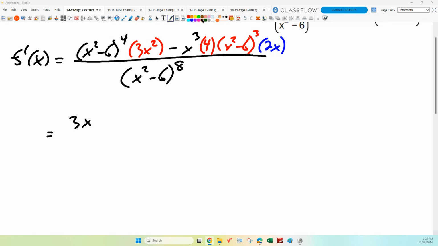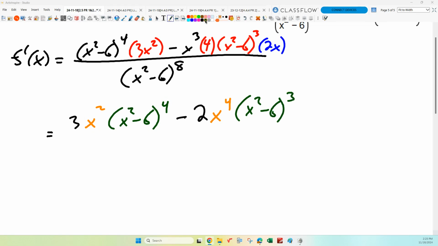So 3x squared times x squared minus 6 to the fourth minus, let's pull the 2x out front, so I'm going to get minus 2x to the fourth times the quantity x squared minus 6 cubed, all over, oh, I forgot the 4, didn't I? Yeah. So that would be an 8, not a 2.